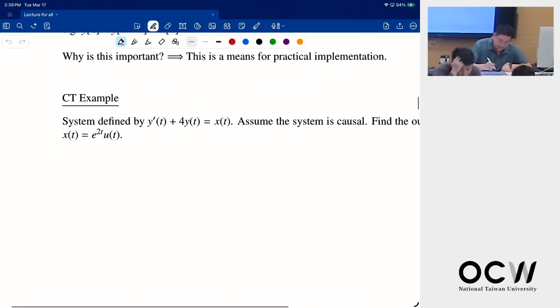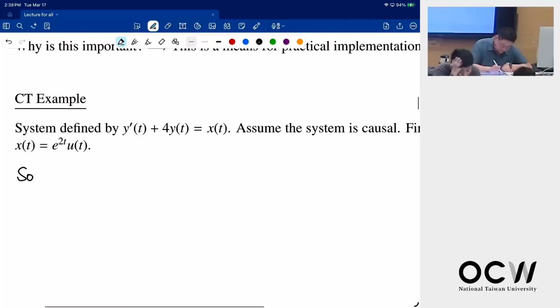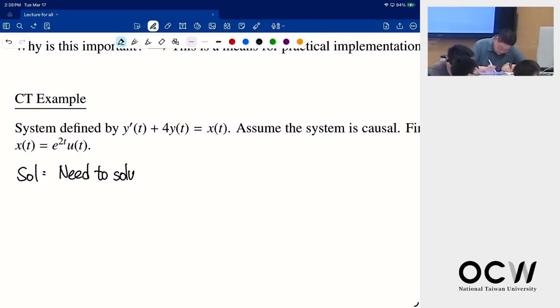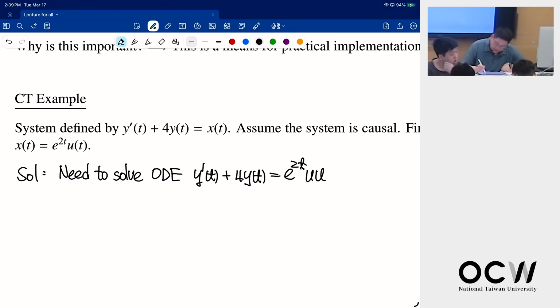So here, we need to solve the ordinary differential equation y prime plus 4y equals e to 2t times the unit step function.